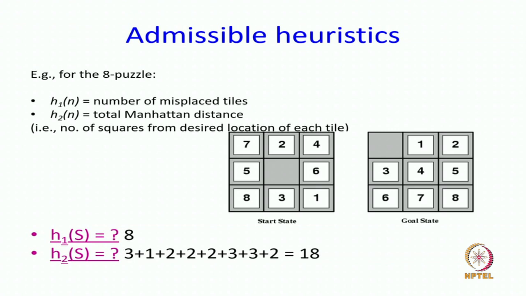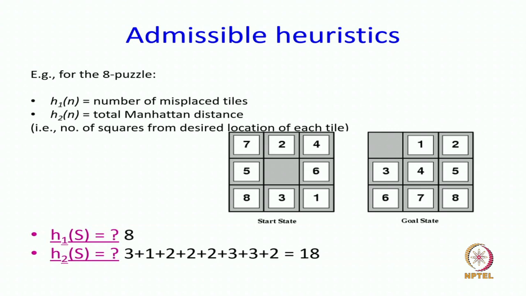Now, which of these two heuristics do you think is a better heuristic, H1 or H2? Why? Realistic is a good word, but let's be. Each term in H1 will be less than or equal to H2, and both of them are admissible.